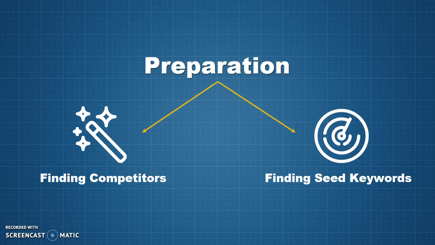And really, that's one of my favorite ways to find a whole bunch of keywords at once. Or it could mean finding seed keywords as a way to give yourself a jumping off point, something to plug into these keyword research tools, a place to start looking for all of the awesome long tail keywords that can really bring in tons of traffic. So preparation is step 1.